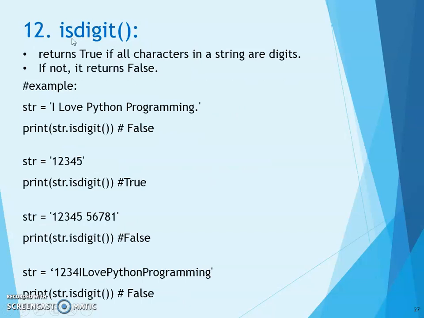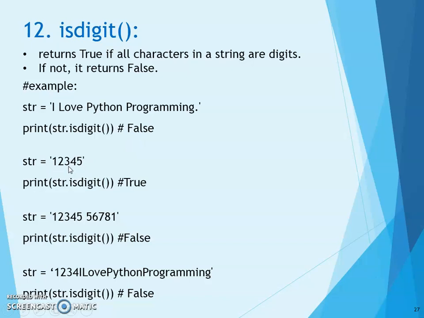The next method is isdigit. This method will return true if all the characters in the string are digits. If not, it will return false. Now in this example, there are alphabets, white spaces and a dot, so it will return false.